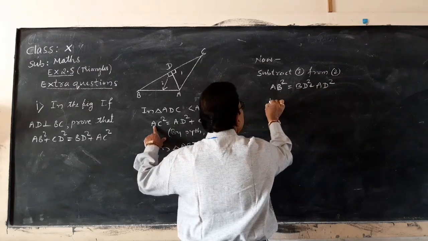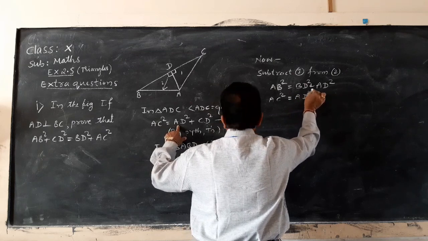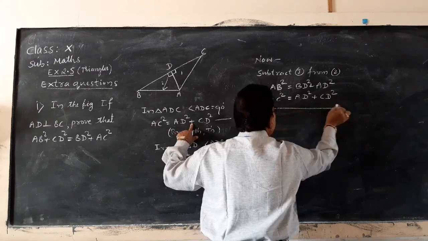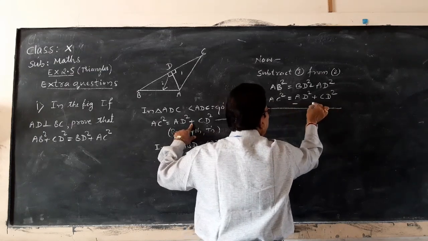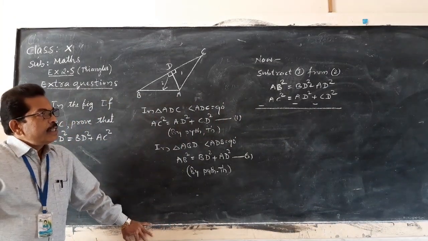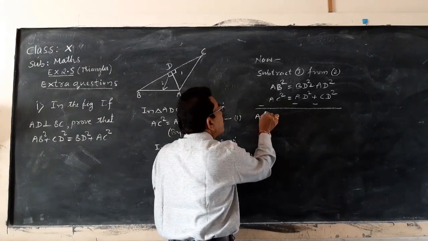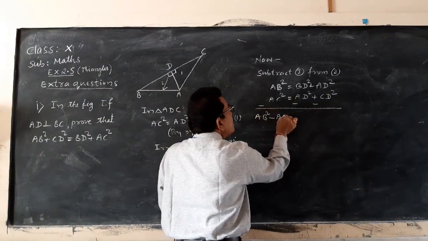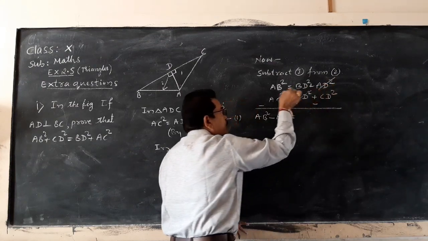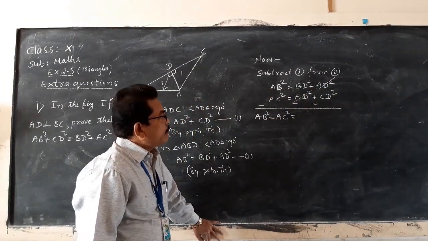The first one is AC square equals AD square plus CD square. In subtraction, we have to change the sign. AB square minus AC square equals plus AD square minus AD square, which gets cancelled.